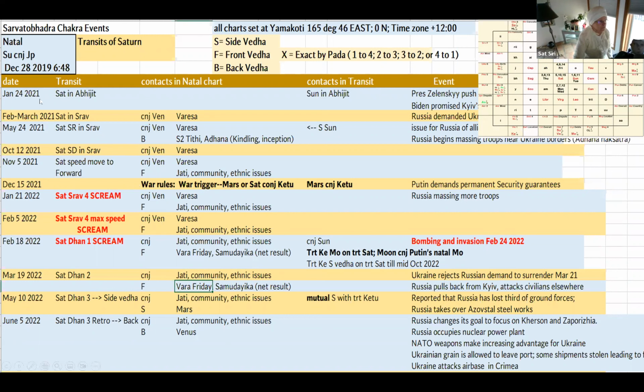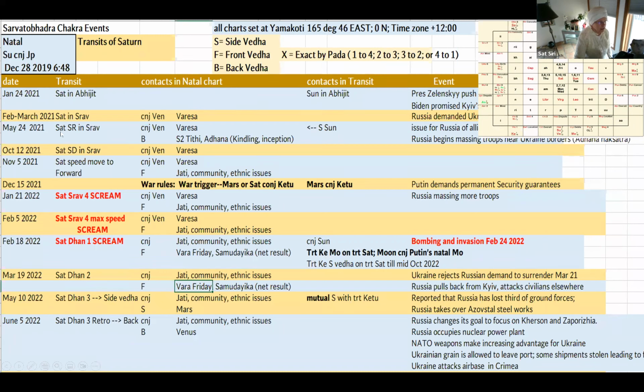pawns. So that, you can say the crisis started back when Saturn was in Abhijit, and the sun also went through Abhijit, and that is when Ukraine started talking about and pushing that maybe we want to be in NATO, which definitely freaked out President Putin. So keep moving forward, and Saturn was doing various changes.